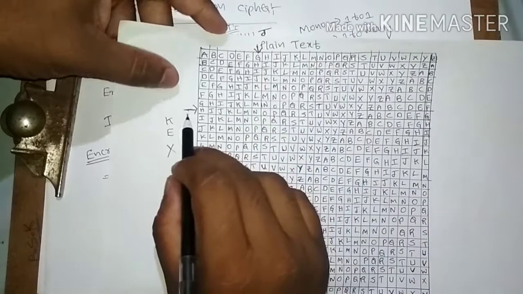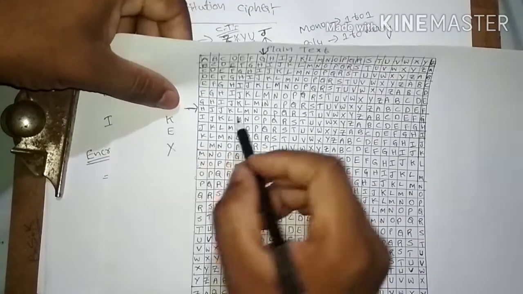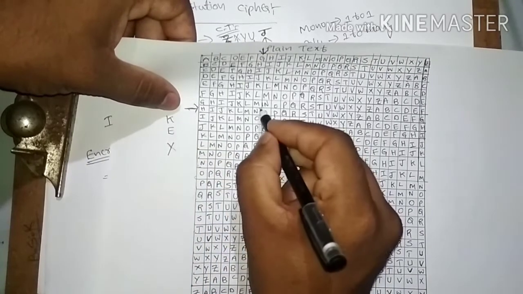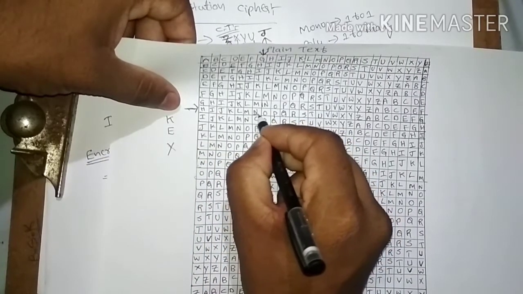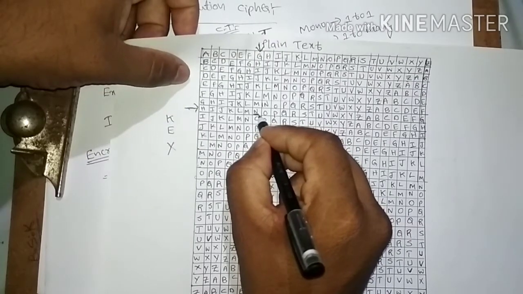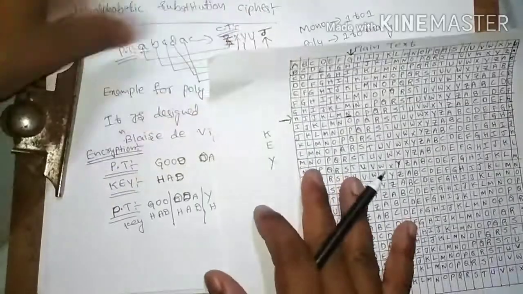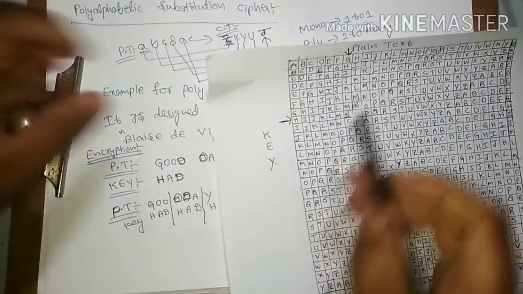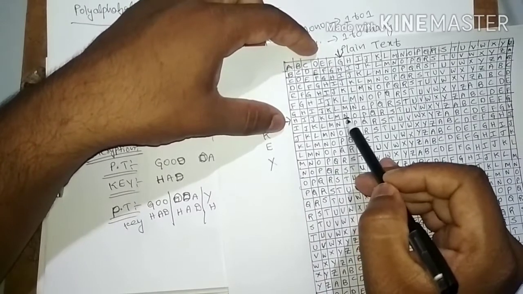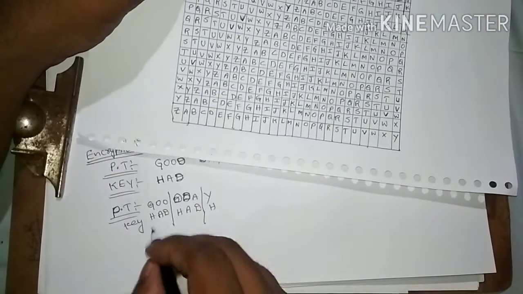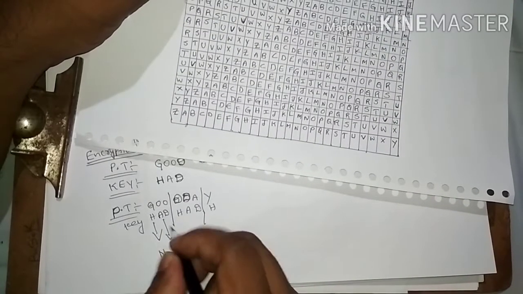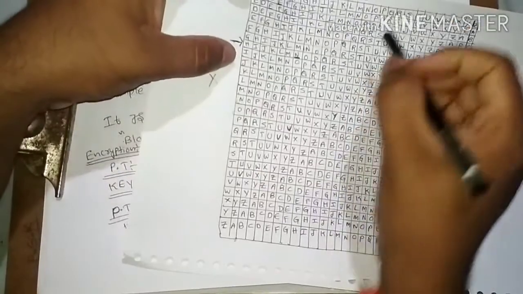This is the G, this is the H. The intersection point of these two is N. So plain text G, key H, the intersection value is N. So the ciphertext is N.